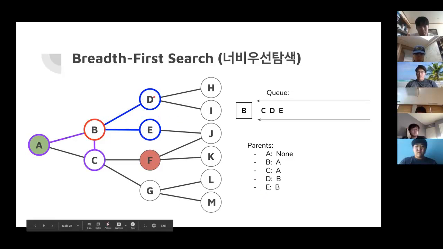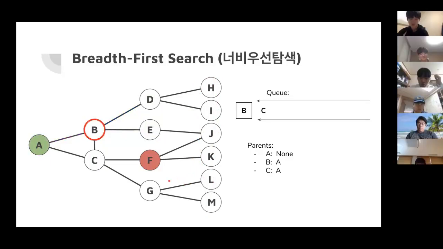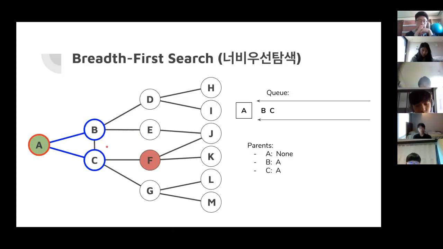Now, from B we get D and E. I'm going to call D and E level 2. You can go from A to D and E in 2 steps, right? And then similarly, H, I, J, K, L, and M, all these would be level 3. Now, why is it important? Well, let's see here. At the very beginning, we input all the level 1s first, right?